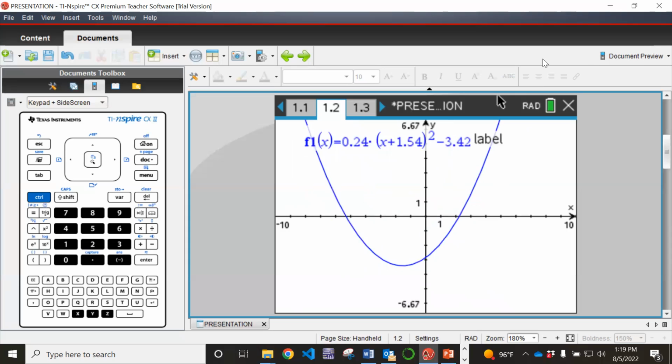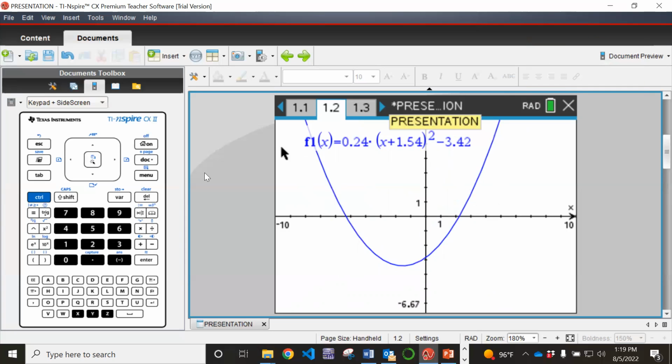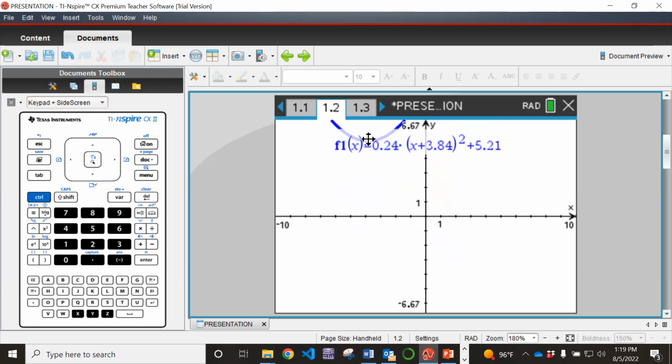If we want to utilize the window in a different view, so maybe, for example, I had it so far up here that I really needed to look at a different window setting, there's several ways of doing this, and you'll hear me say that over and over again with an Nspire. There's several ways of doing almost everything here.